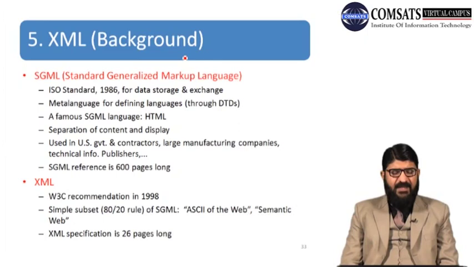A famous SGML language is HTML, and the separation of content and display is controlled with it. It is used by the USA government and contractors, large government companies, manufacturers and distributors, and technical jobs as well. The SGML reference is basically 100 pages long.